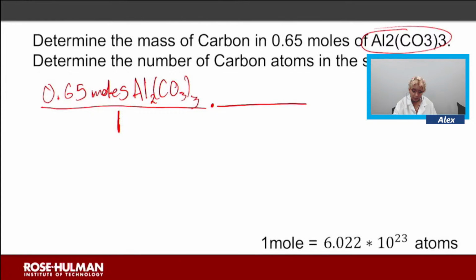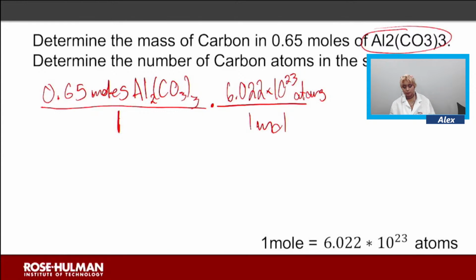So we want to get rid of moles first. For every mole, there is 6.022 times 10 to the 23 atoms.